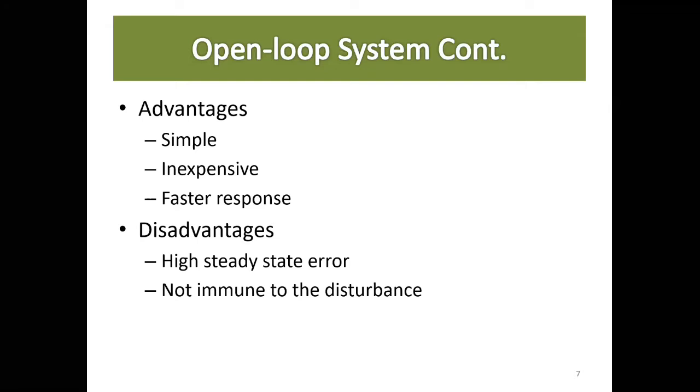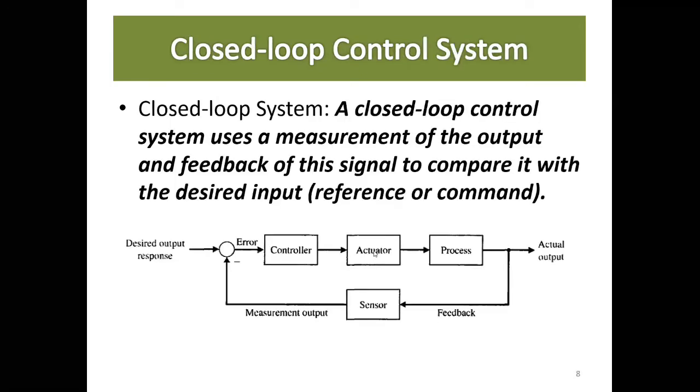The advantages are that it is simple, inexpensive, and has a faster response. The disadvantages are high steady state error, and it is not immune to disturbance. These are the advantages and disadvantages of an open loop control system.